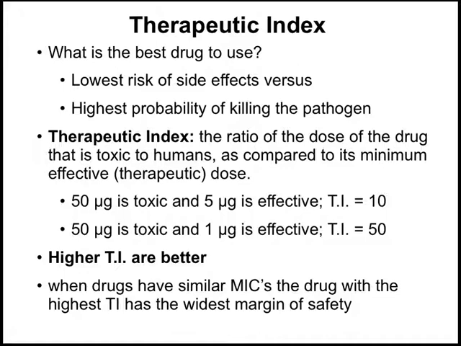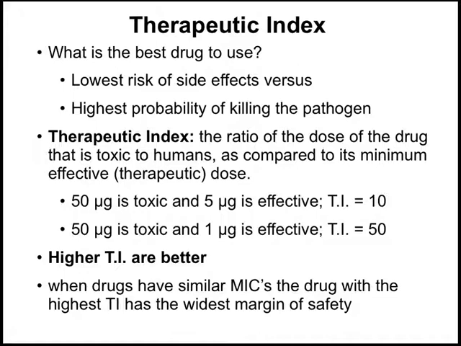So 50 divided by 5 equals 10. However, if you have 50 micrograms that's toxic and then 1 microgram is effective, you take 50 divided by 1, the therapeutic index is 50. This is a much preferable number. The higher the therapeutic index, the better off we are.